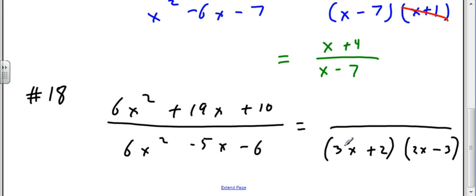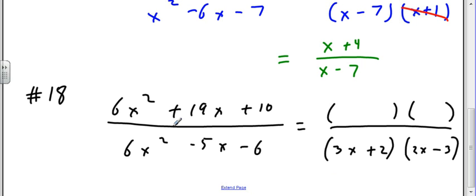Okay, so now I got 6x squared, I got minus 6, I got minus 9 plus 4, so I'm fine. Okay, so now that that's the case, if one of these factors on the bottom isn't the same as on the top, we won't be able to cross anything out and it won't be able to simplify.